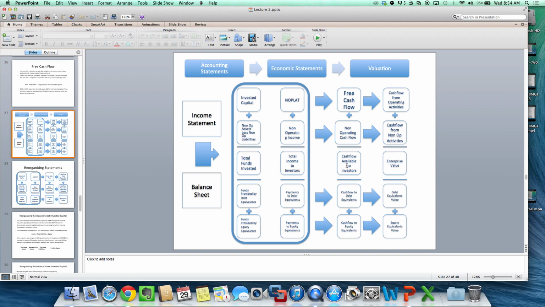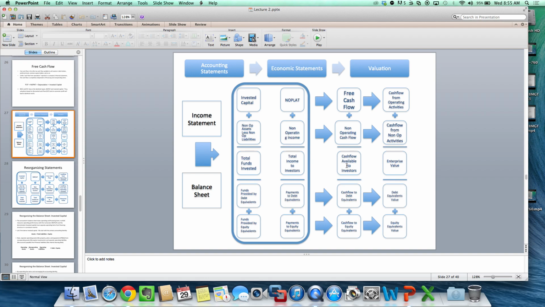What is non-operating cash flow? Non-operating cash from the income statement minus change in non-operating investments in the balance sheet equals non-operating cash flows. Add those 2 cash flows together: cash flow available to investors, CFI. Debt cash flows on the income statement, interest expense, minus change in debt on the balance sheet, gives cash flow to debt holders.